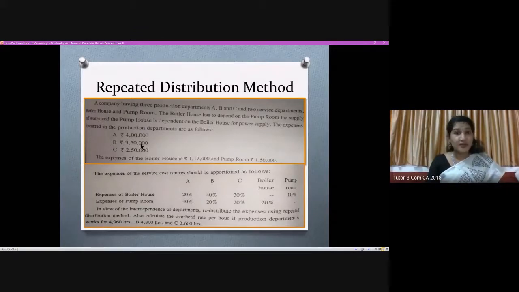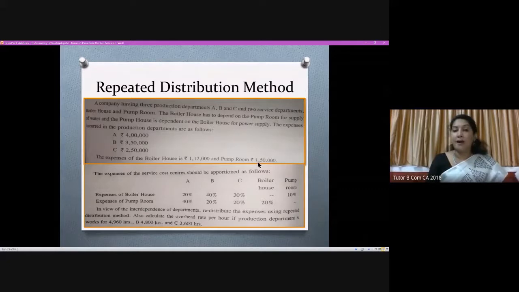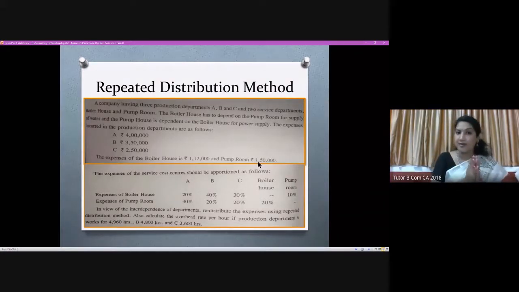So we got the primary distribution summary of A, B, C, and also our service departments, boiler house and pump house. Now, as we know, we have completed the primary distribution summary, and we are going on to the secondary distribution summary. The secondary distribution is otherwise called reapportionment of expenses of service department to the various production departments.